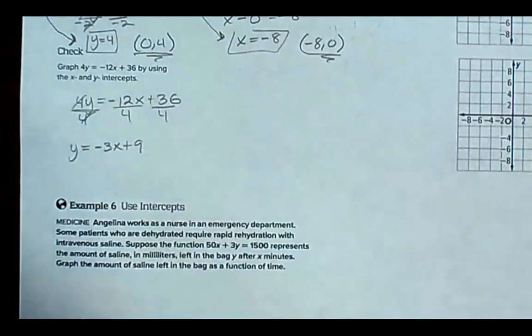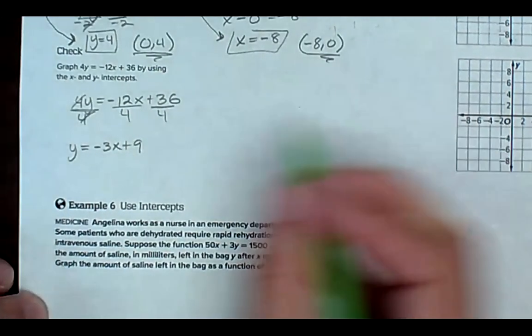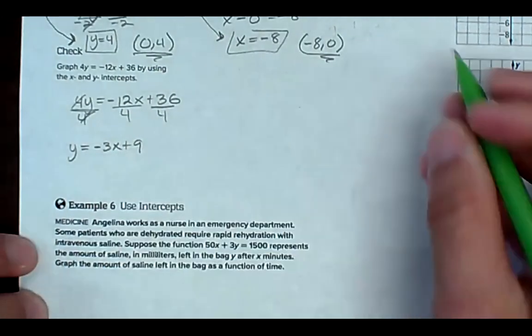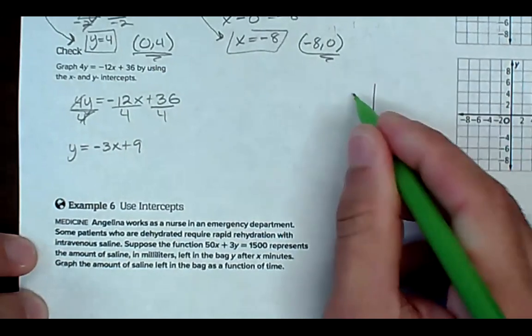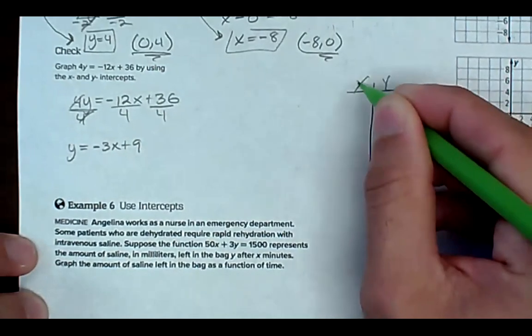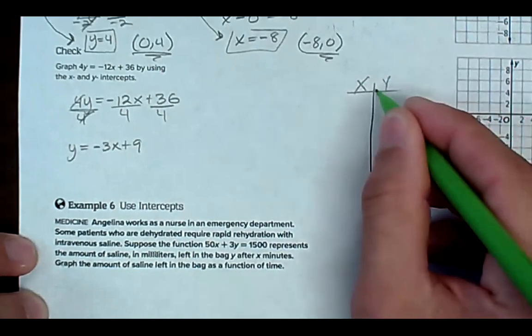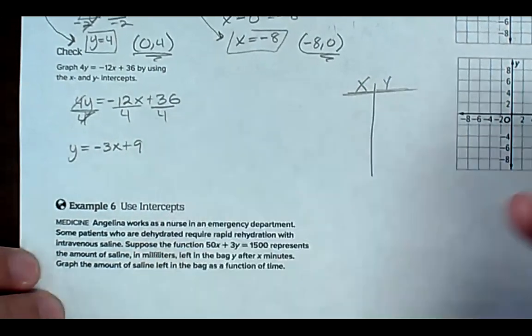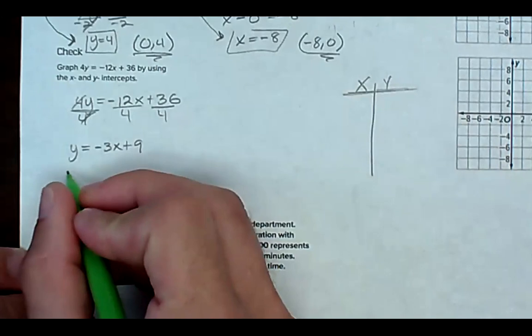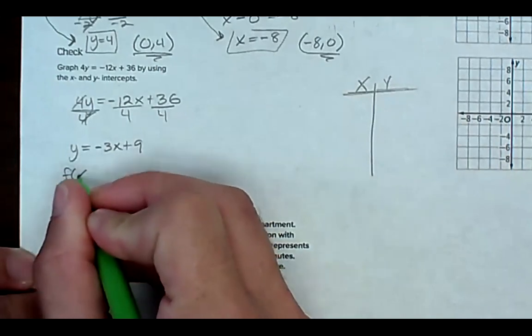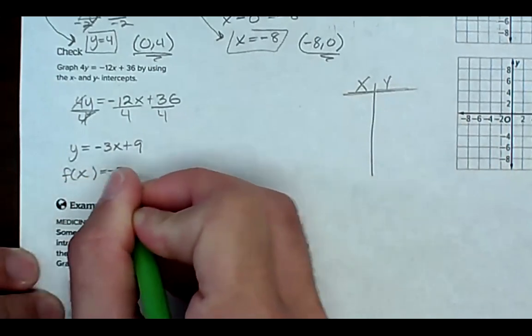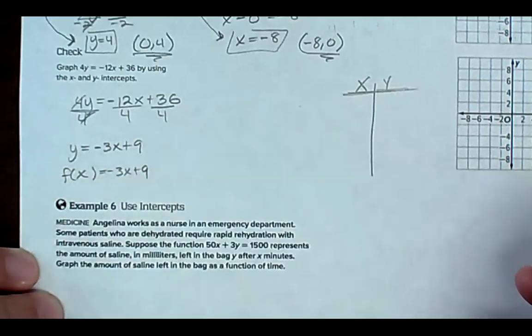All right. Let me move something out of the screen here. Okay. So this is pretty much the equation I'm working with. Now I can go, okay, what table of values numbers, what x's and y's am I going to be using? Remember that this is now f of x equals negative 3x plus 9, and I'm inputting numbers for the x in there.